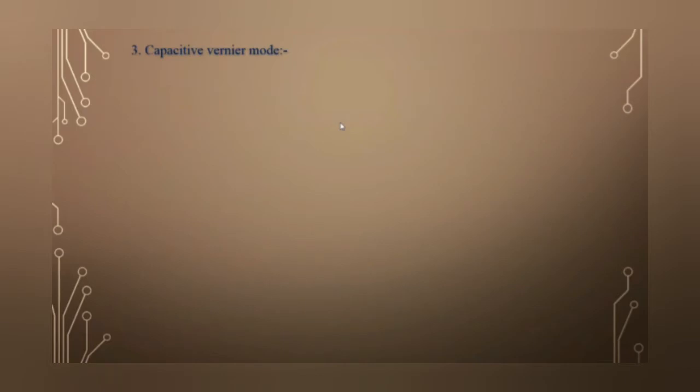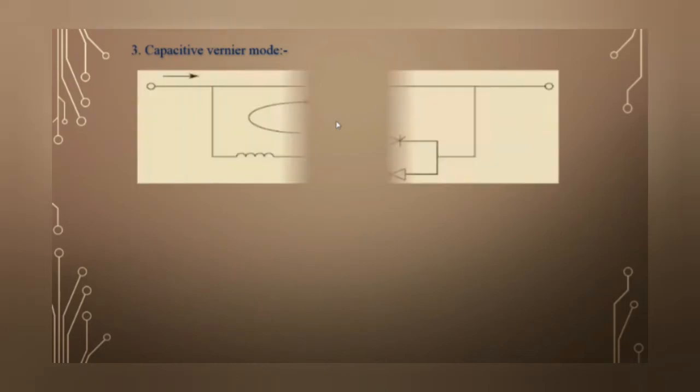Next is the capacitive Vernier mode. This mode allows the TCSC to be continuously controllable in capacitive reactance. It is achieved by varying the thyristor pair firing angle in an appropriate range.